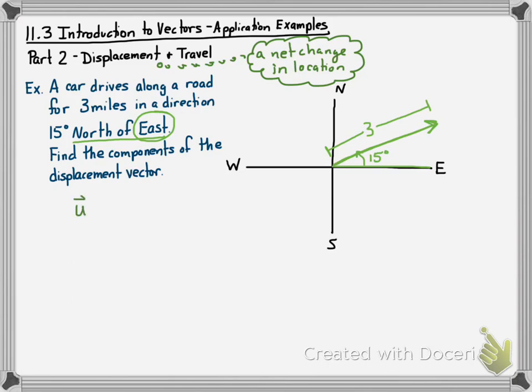Let's name our vector u. The magnitude of u is 3 miles, and the direction is 15 degrees north of east. Our job is to find the components of this vector u, our displacement vector.